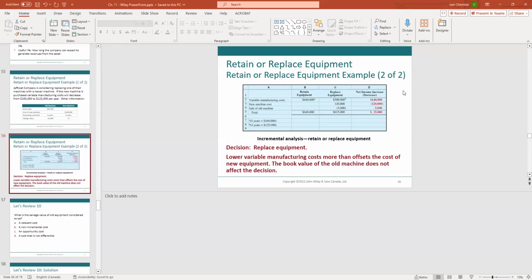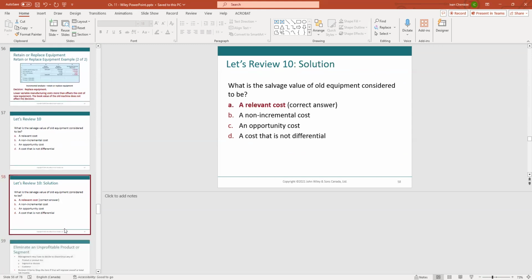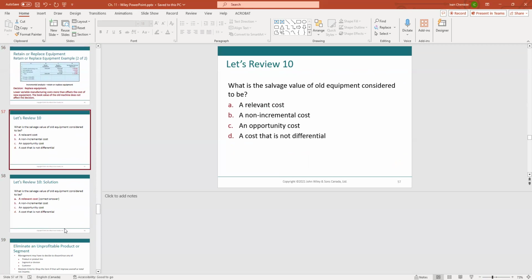Okay, those are our slides. As you can see, we generated $25,000. Now, what do we consider the salvage value of the old machine to be? Opportunity cost? Actually, it's a relevant cost.